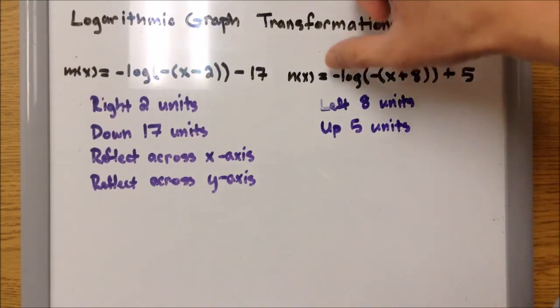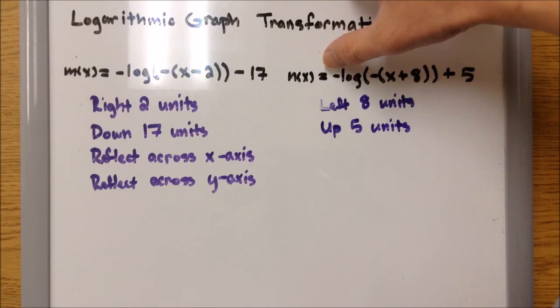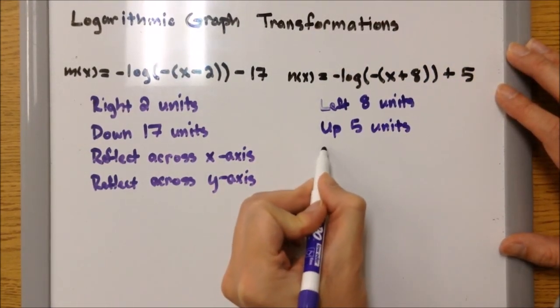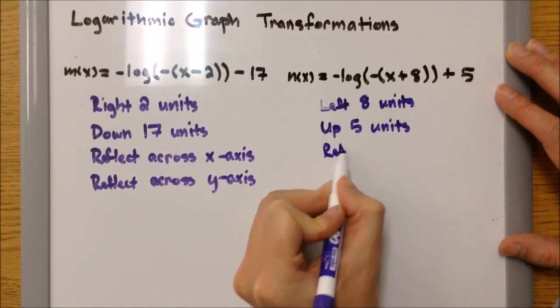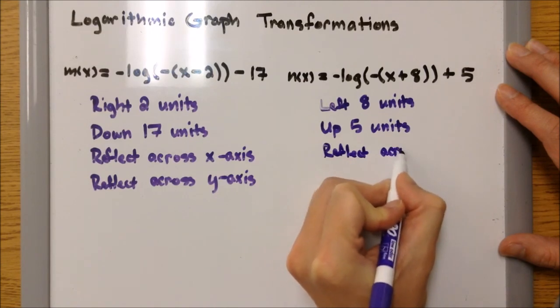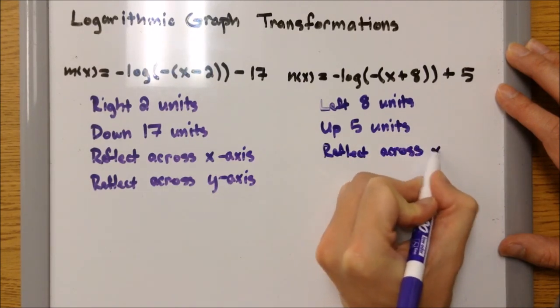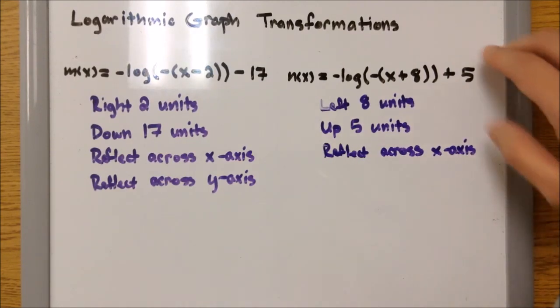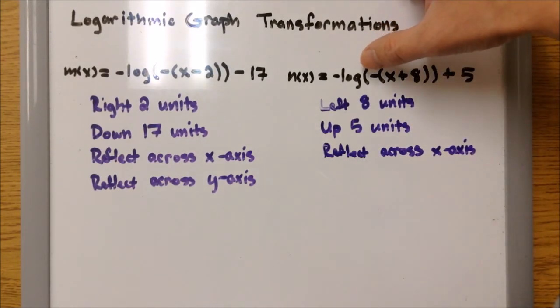Now let's take a look at the negative in front of log. It's in front of a function, so when there's a negative in front of the function, reflect across x axis. But we also have another negative.